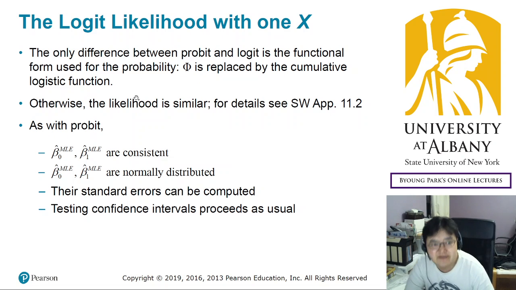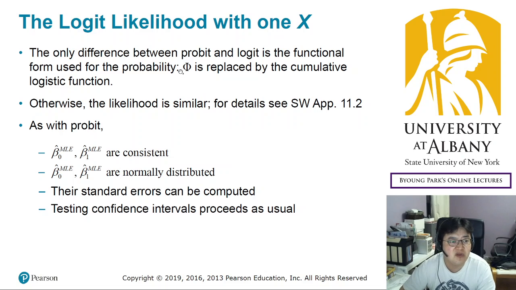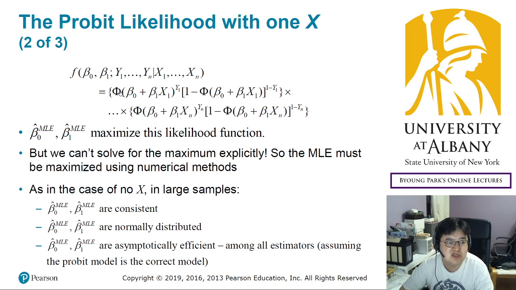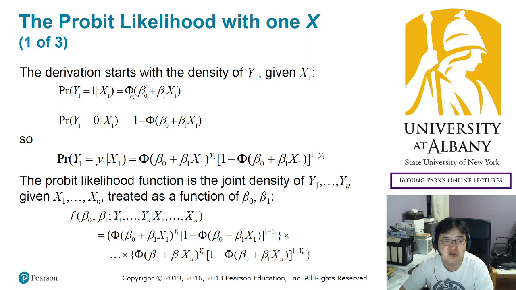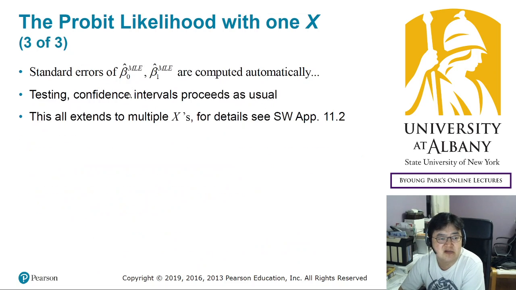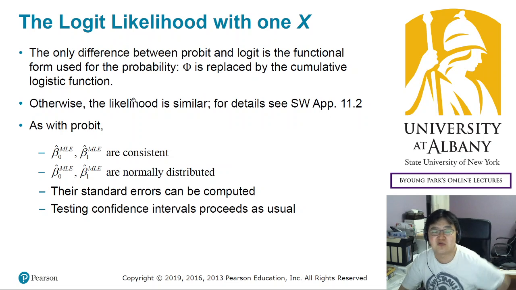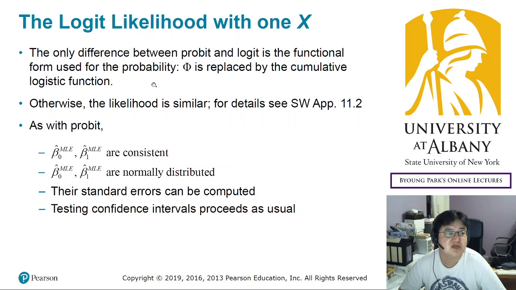And if you have the logit model, the idea is identical. The only difference is the probability is calculated using a different nonlinear function. The nonlinear function is a little bit different, but nearly identical to the probit model. Anyhow, you are not going to write down the equation, so it's done by Stata.